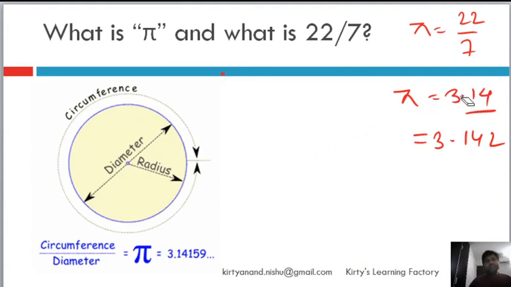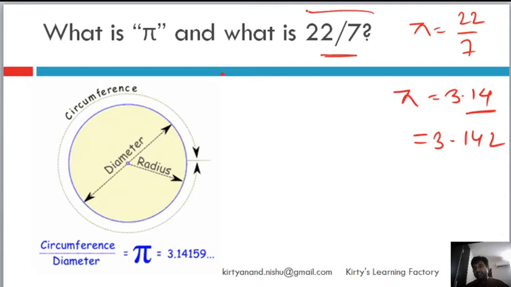What is an irrational number? Any decimal which is infinite and non-recurring. But here we saw that this decimal was recurring and infinite. So infinite recurring decimals are basically rational numbers. This value is derived from 22 by 7, which is a rational number.